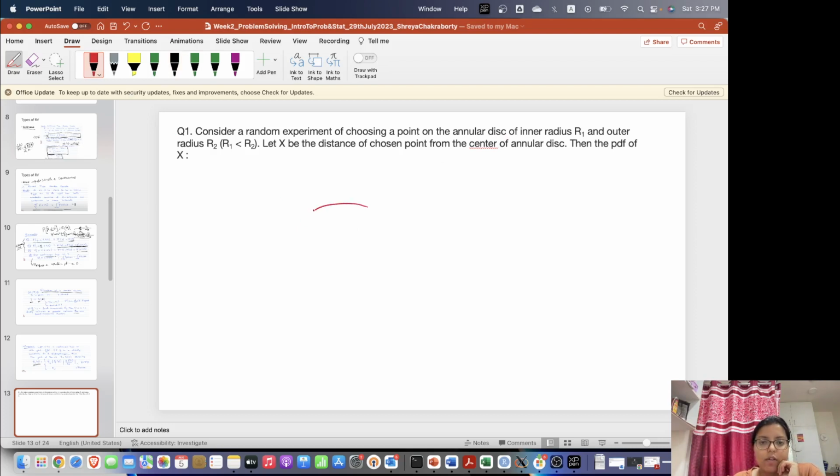So let us consider, so annular disk, we can consider it to be something like a spherical disk.